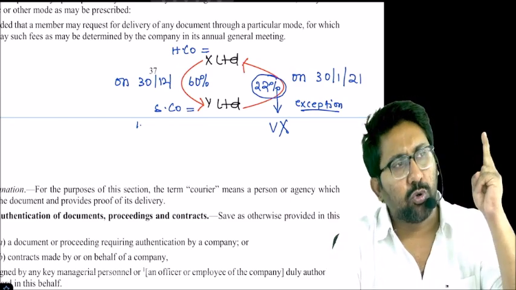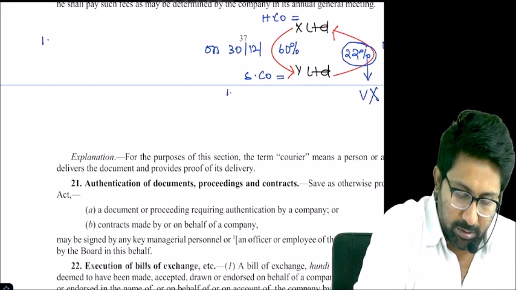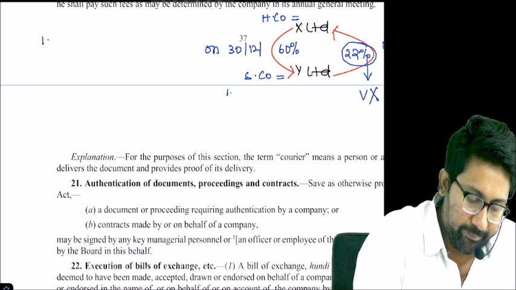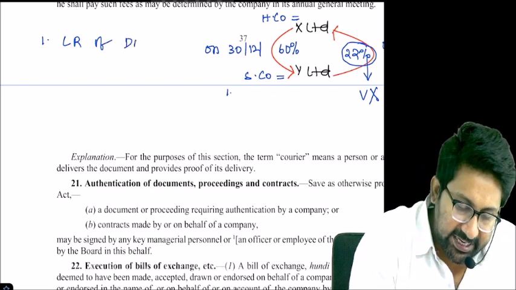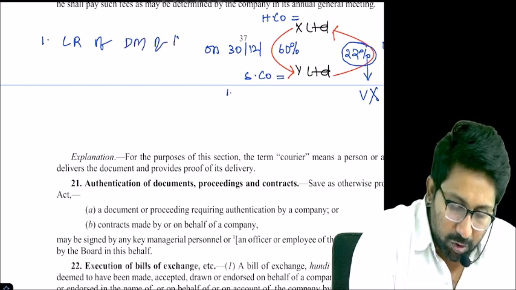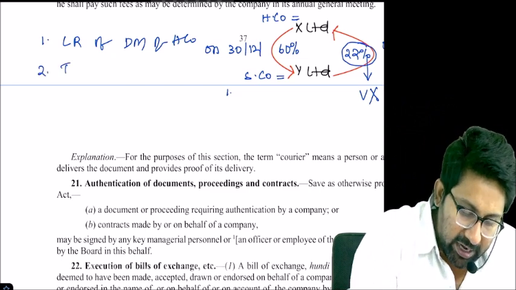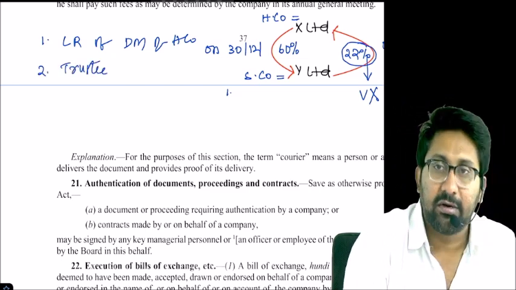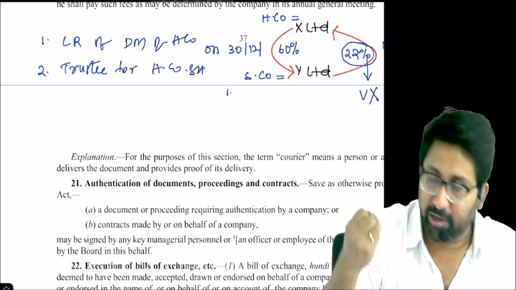After that, the next point. In the next, 2 exceptions are there. Number 1, legal representative of deceased member of holding company held as a trustee for the holding company shareholders.